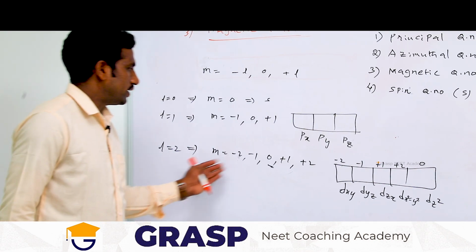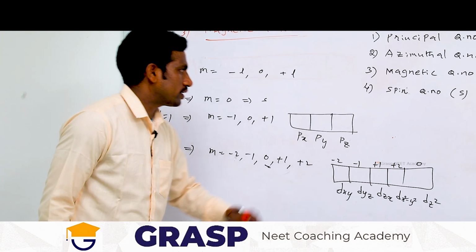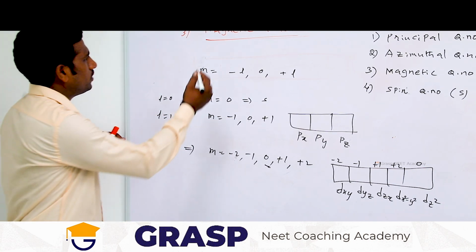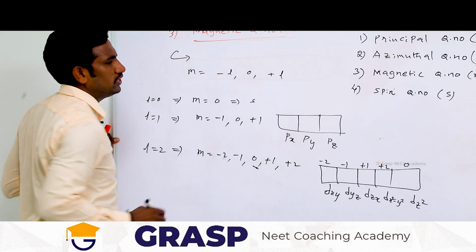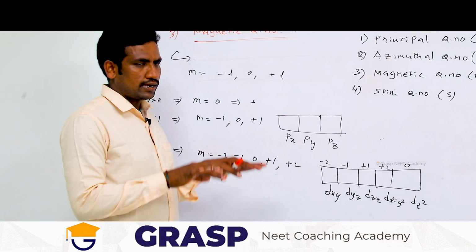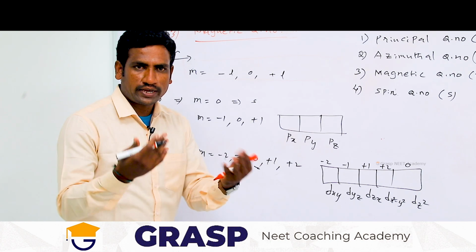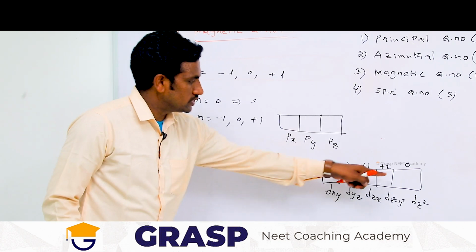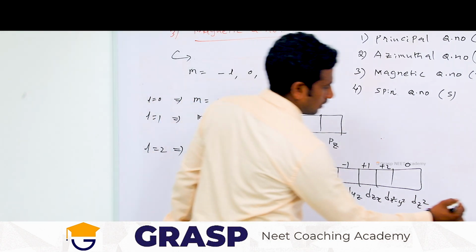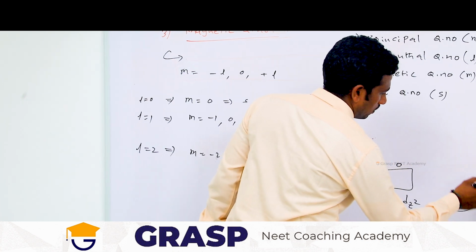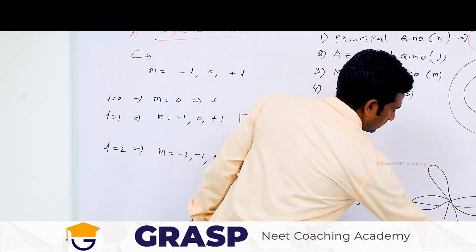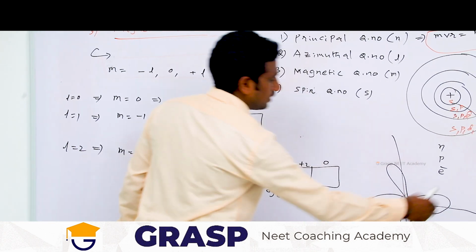So you are dividing orbitals, and whatever values are possible you write like this. The main use of this is that it gives the orientation. In which direction the electrons are located, in the y direction or the z direction, is found by using these values. Already you know that d orbital means double dumbbell. For example, it is the x axis, it is the y axis, where the electrons are located.